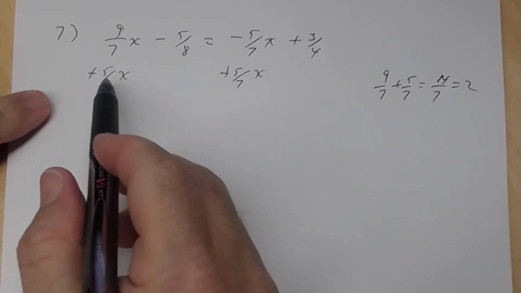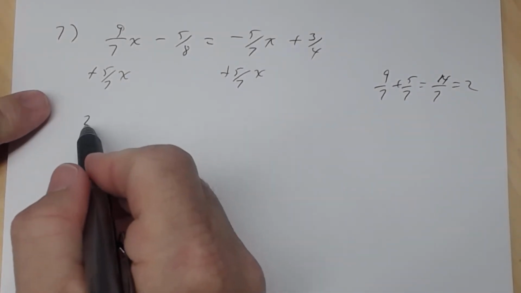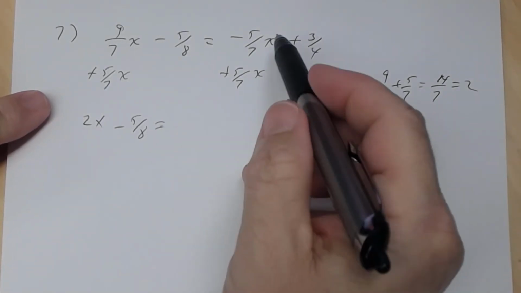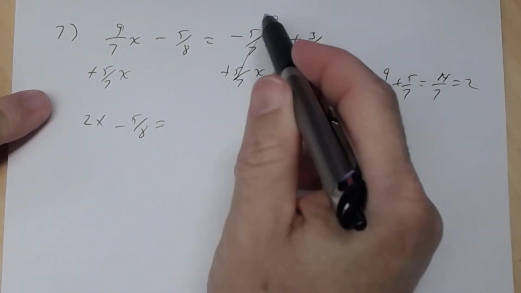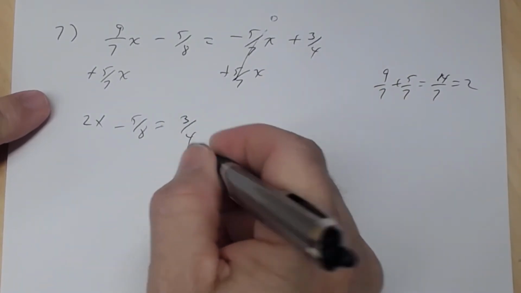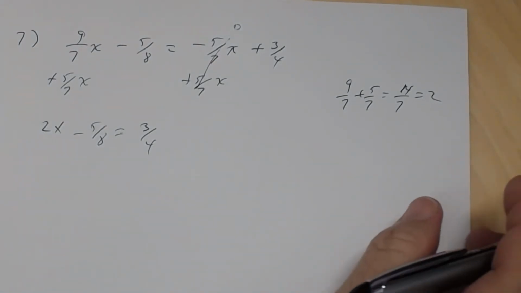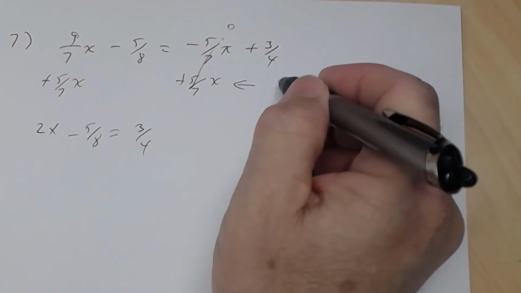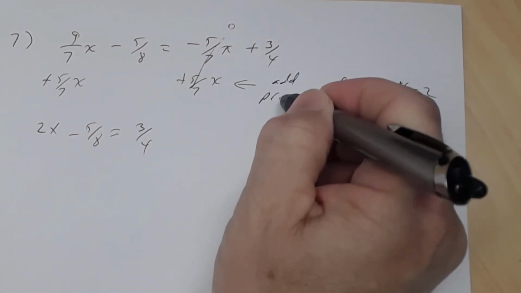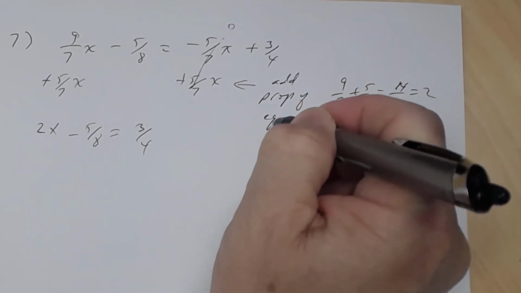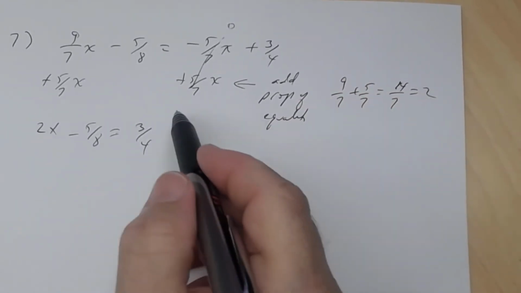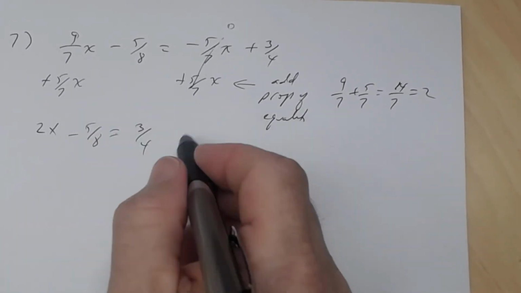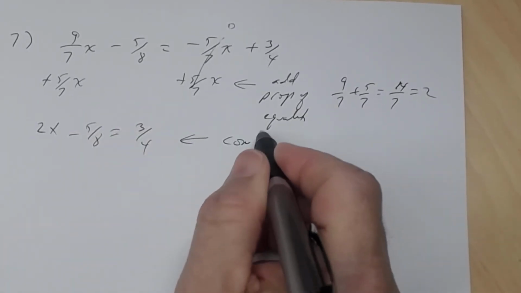And then minus 5/8 equals, combine like terms, that's 0, and 0 and 3/4 is 3/4. Okay? So again, in this part here, I used the addition property of equality. And to get to this equivalent equation from here to here, I just combined like terms.